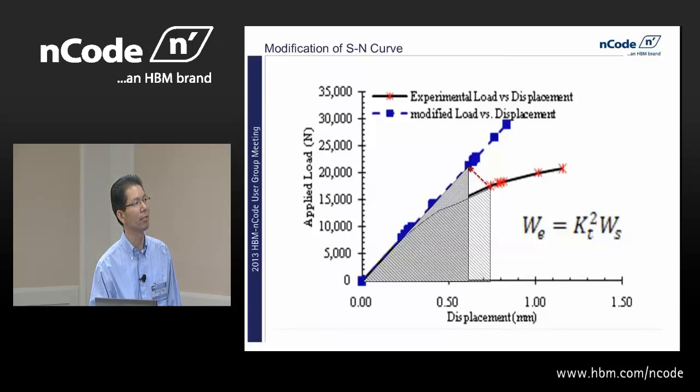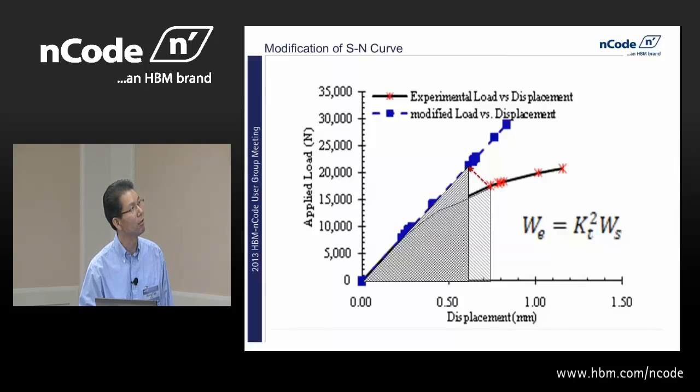In the FEA analysis, you have to apply 21,000 Newton. That will correspond to 1,000 cycles of fatigue life. So the SN curve basically has to be re-plotted in this way.